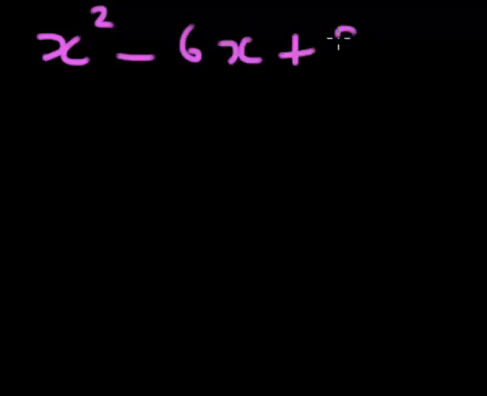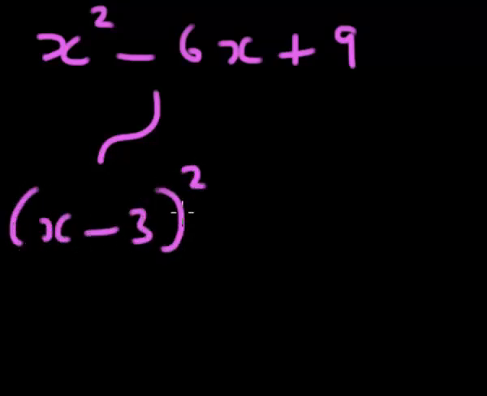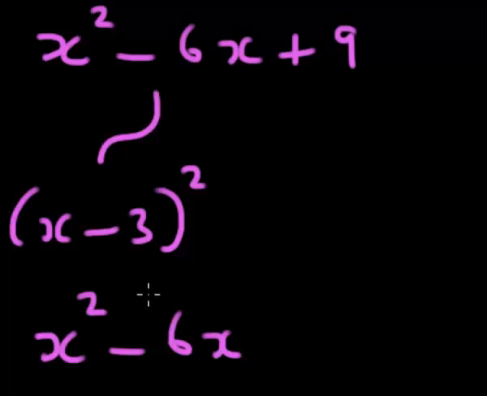If we look at another perfect square trinomial, what about x squared minus 6x plus 9? Now we know that we've worked that out as x minus 3 squared. We know it's a perfect square trinomial. But watch the connection. Have a look here. The coefficient of x is minus 6. Now look at this.